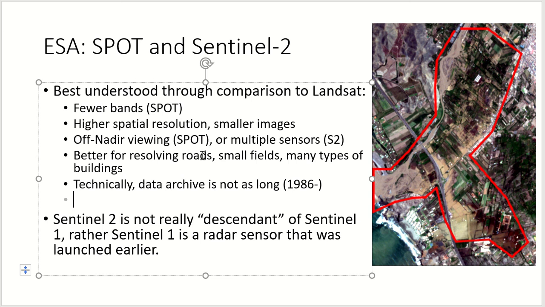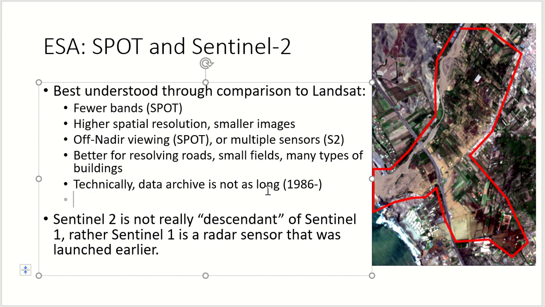These being roads, much easier to spot in the Sentinel-2 data than in Landsat. Small fields, to tell that they're fields, and many types of buildings. With Landsat, it can be hard to identify the area of a specific or a discrete building. Less difficult for SPOT and Sentinel.